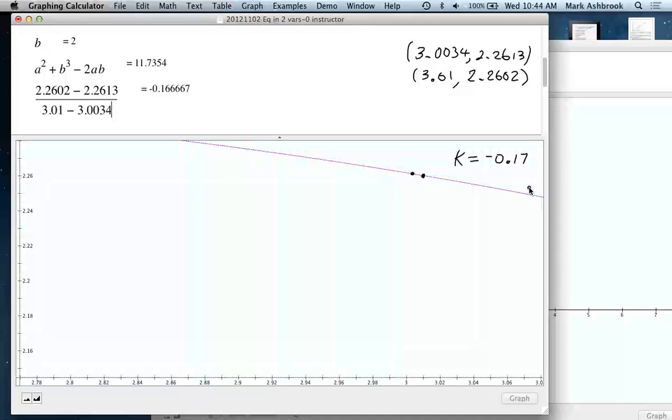Okay. So I want you to just have a short conversation. What does that number mean? Does it make sense given the situation? So what does it mean, and how can we make sense of it given what we're looking at? Go.